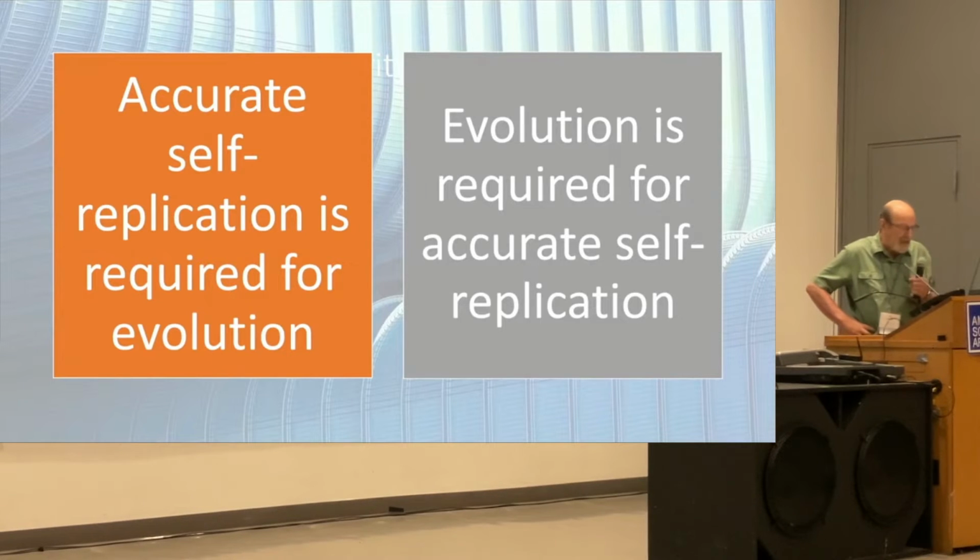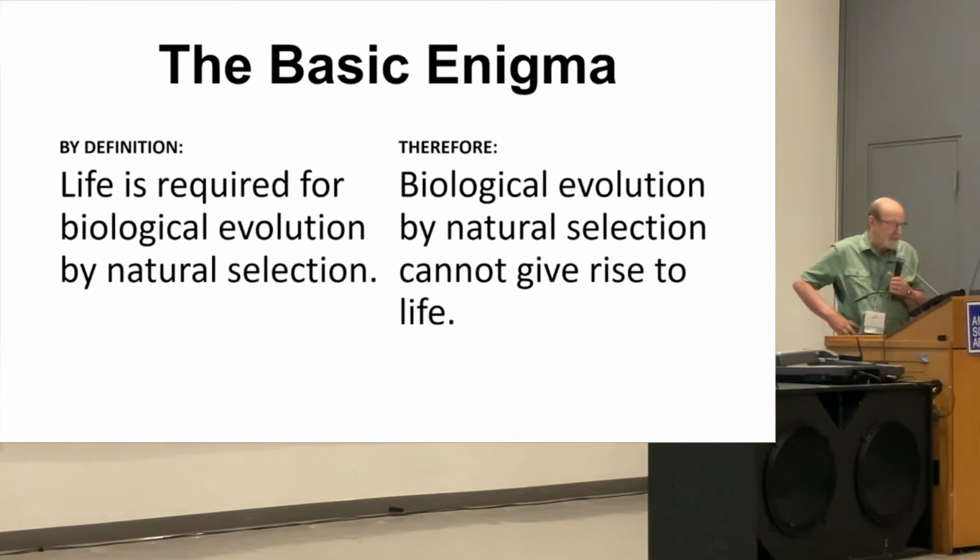In other words, the mechanism of evolution requires an accurate self-replication, which comes from a very complex process of protein synthesis and DNA replication, etc., which is something that we don't know how it developed, but we can sort of rule out biological evolution for that because it's required to have accurate self-replication before you can get the process of accurate inheritance, which is required for evolution. So it's circular. And that's the basic enigma, which is what I just said. I'll go on.